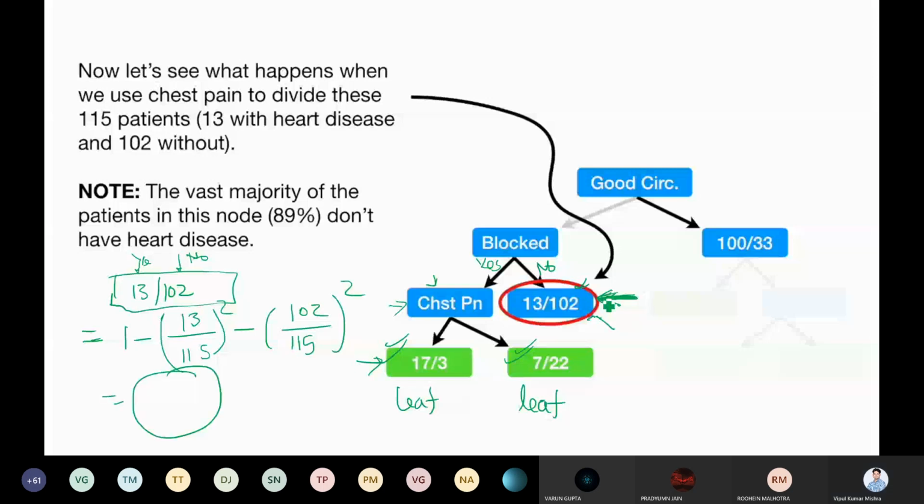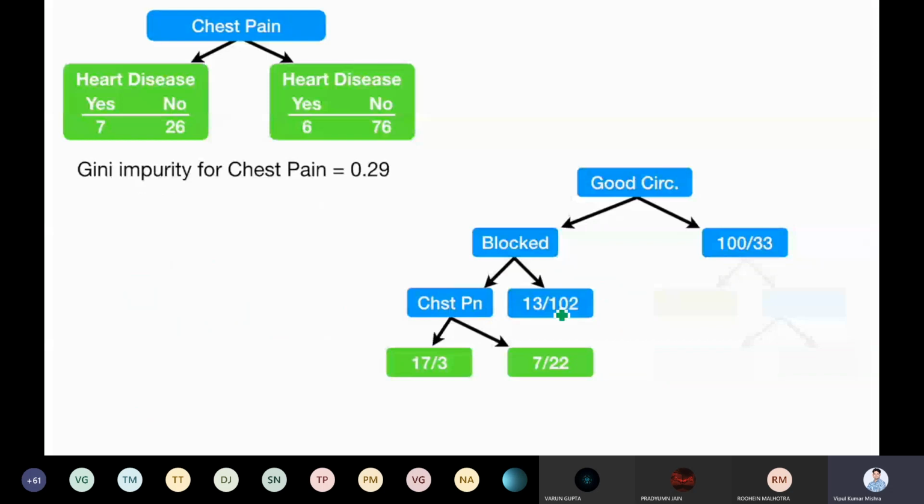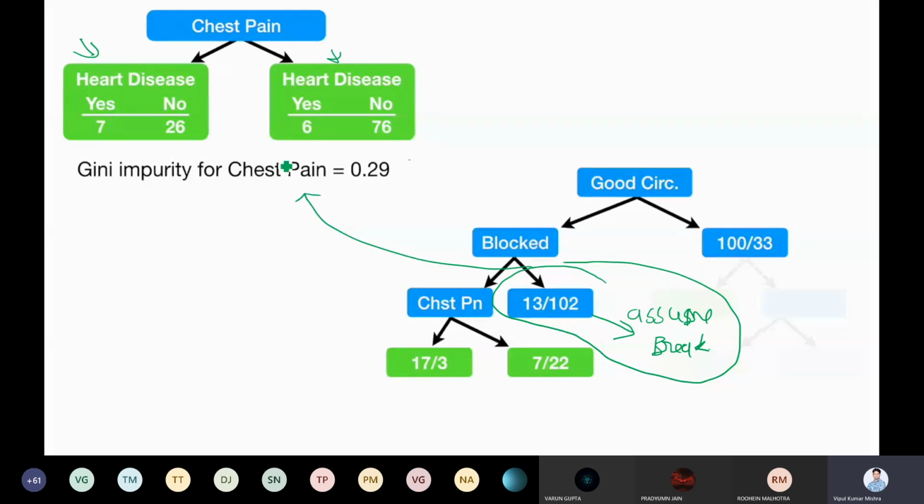So suppose we already computed the Gini score for this. Let's assume we break it down. Once you break this particular part, you get this output for this section. Now you compute the Gini score for this chest pain split with the same method we already did, and it comes to 0.29.